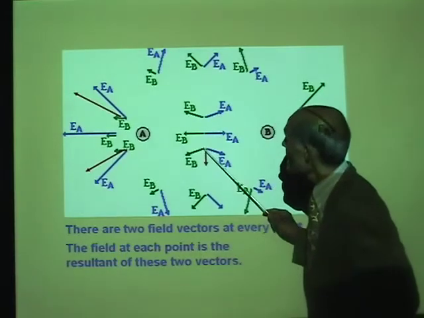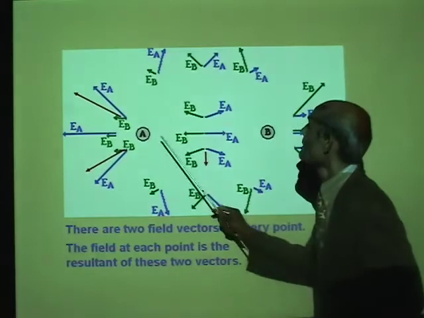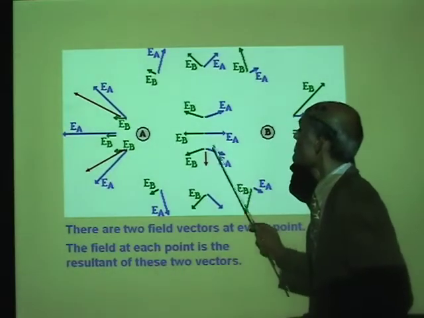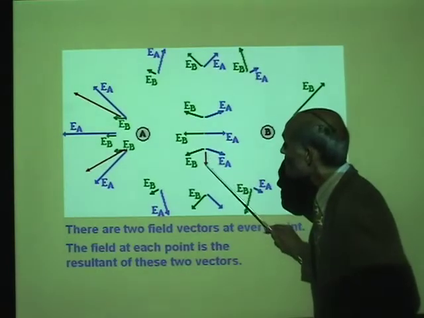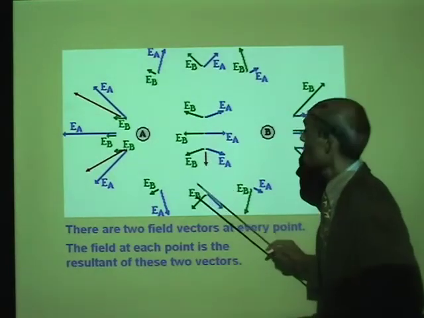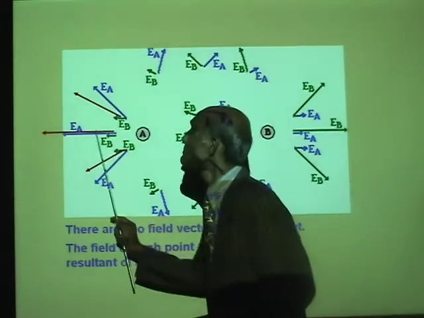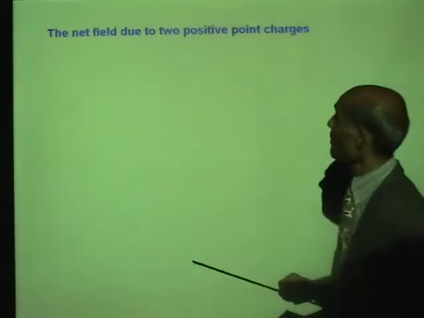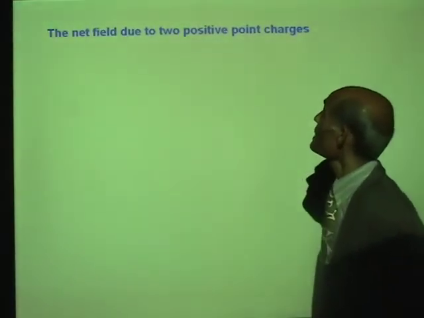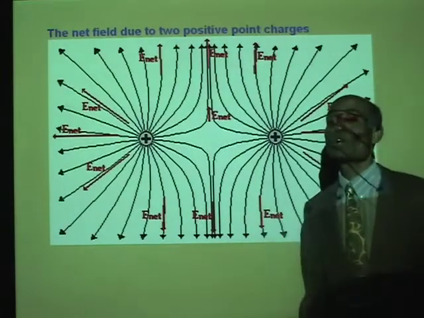And in here, look at this, the green vector due to B and the blue vector due to A, and the resultant vector will be somewhere in that direction. And in here, the blue and the green will add up to the resultant vector. The net field due to two positive charges, therefore, will look like this.